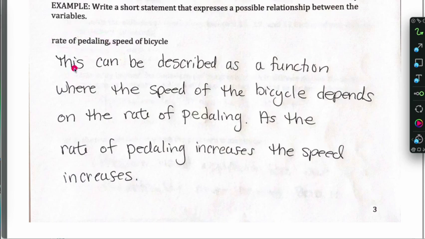So we can say that this is described as a function because the speed of the bicycle depends on the rate of the pedaling, and as the rate of the pedaling increases, the speed increases. And something else that I didn't mention in there, for each rate that you're pedaling, you're going to have a specific speed of the bicycle. So this is a key to understanding why this is a function.